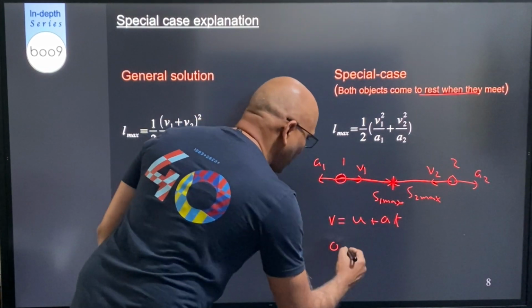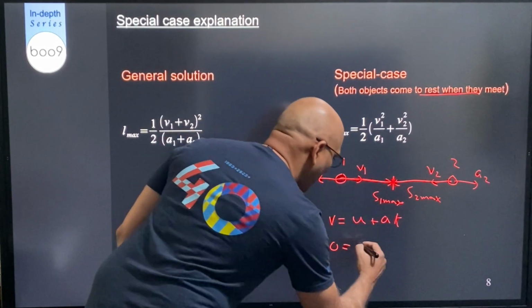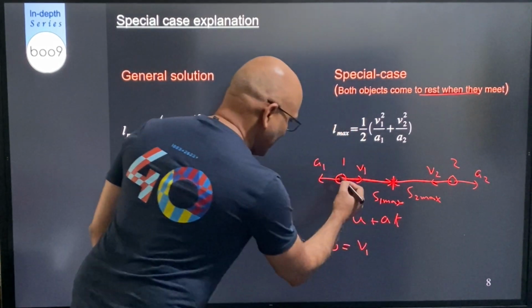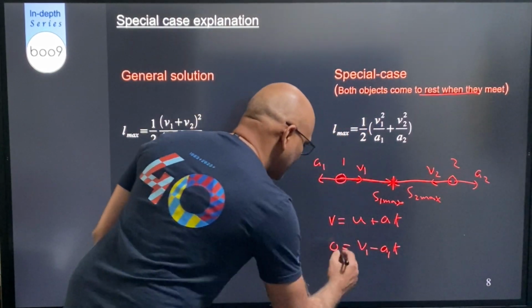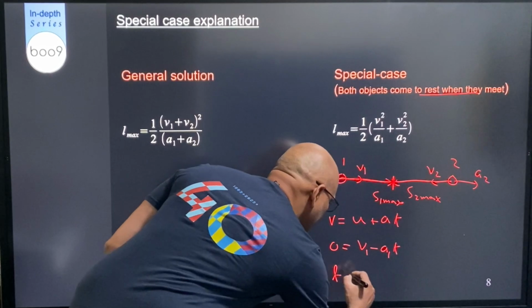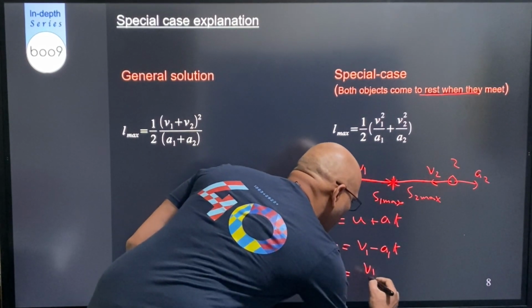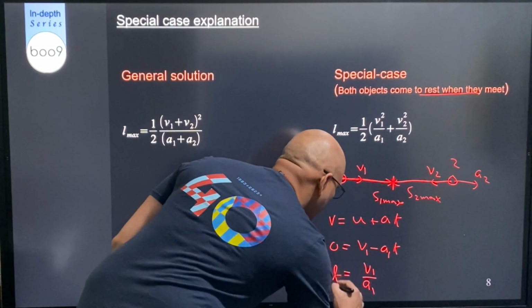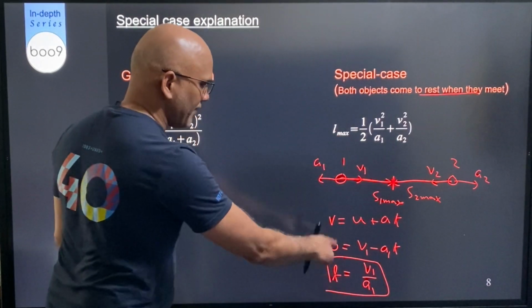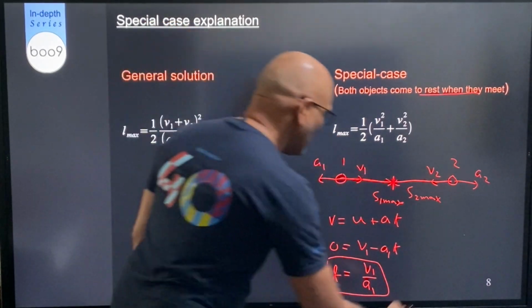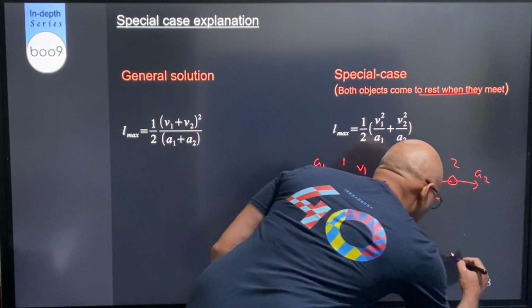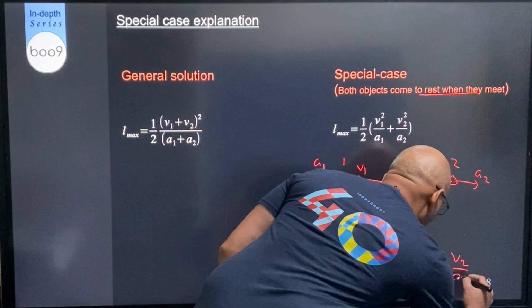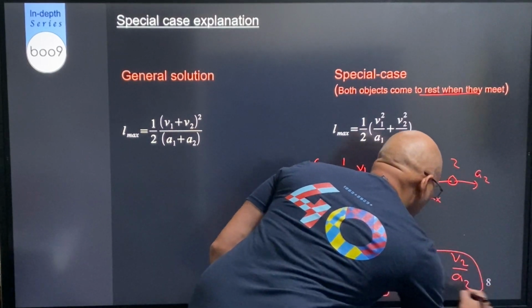So for object 1, 0 is equal to v1, and a is in the negative opposite direction, that is minus a1 t. So this gives me t is equal to v1 by a1. Similarly, if I apply the same equation for object 2, I will arrive at t is equal to v2 by a2, right?